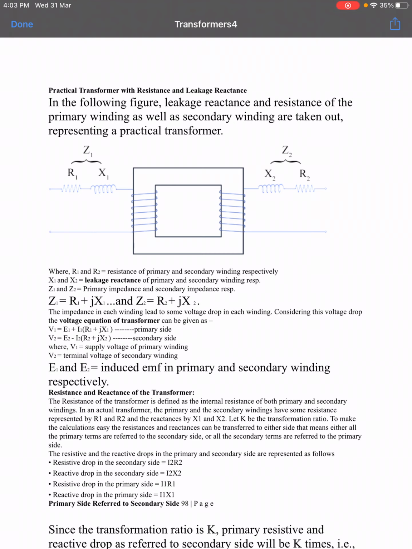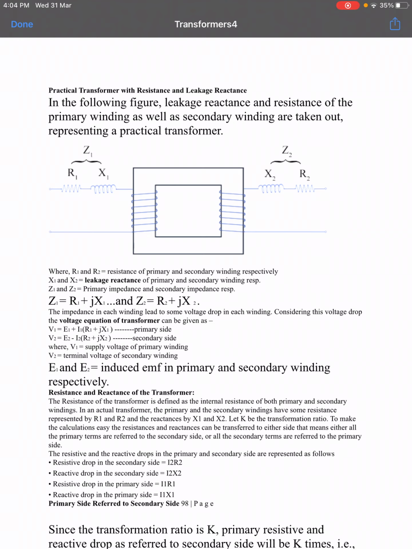So Z1 equals R1 plus jX1 and Z2 equals R2 plus jX2. R is the real component and X is the imaginary component.